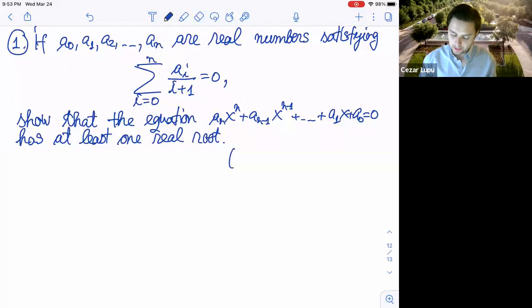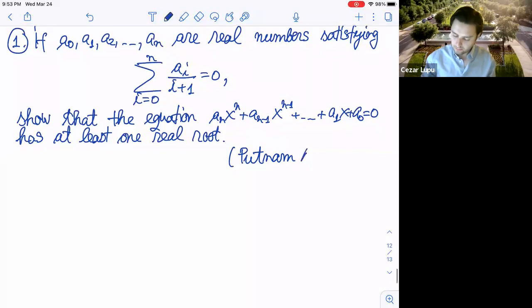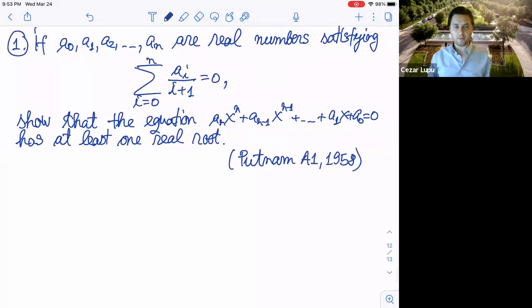So that's the first problem that I have in mind. And this was, like I said, a Putnam problem in 1958, a Putnam A1. But I would like to also make a comment here.